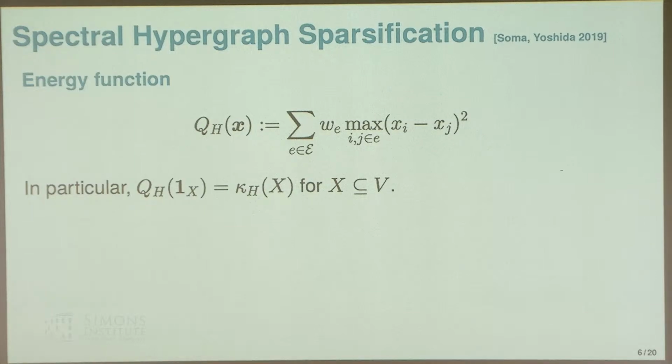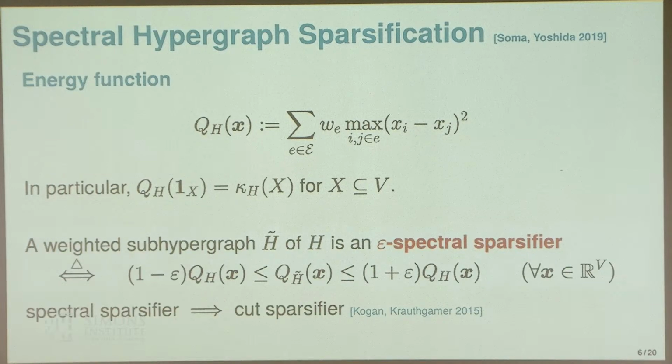If all the nodes in the hyperedge are contained in X, then all of them become 1, so this part becomes 0. And if none of them are contained in X, then all x_i, x_j become 0, so this part becomes 0. So it doesn't contribute to the quadratic form. So this computes the total weight of hyperedges cut by X.